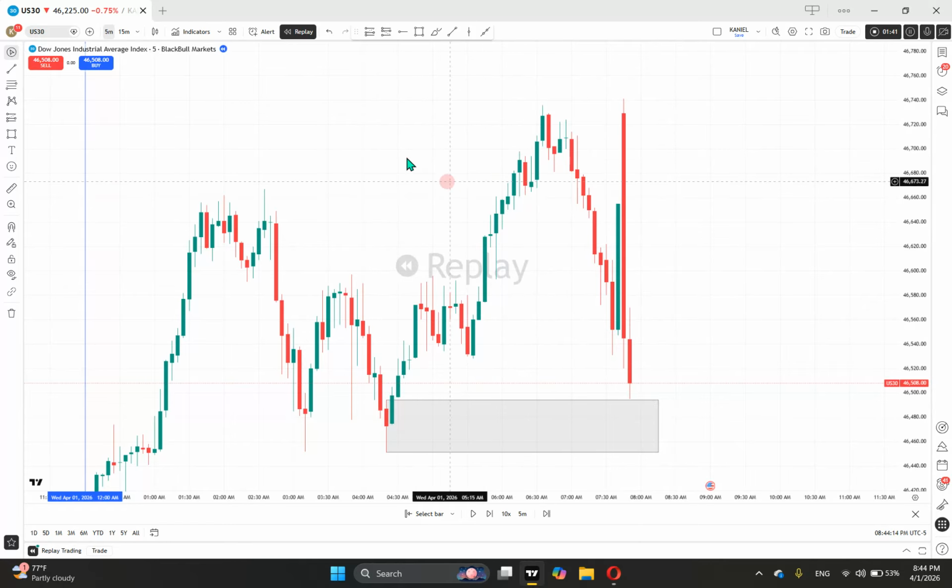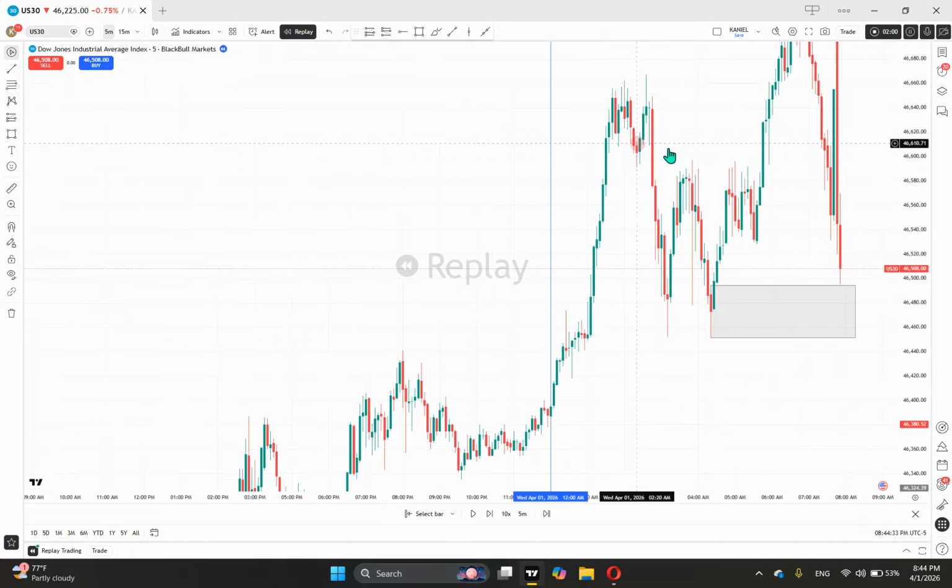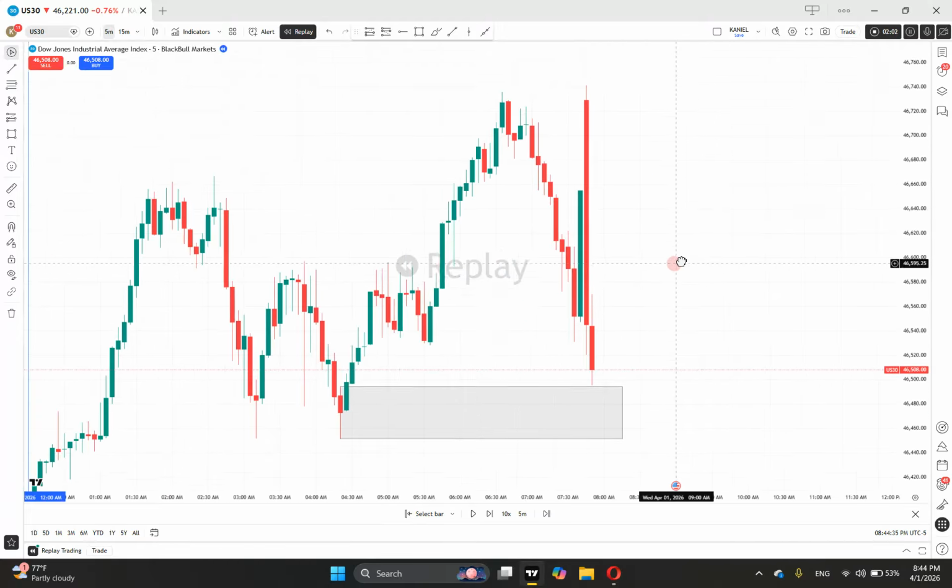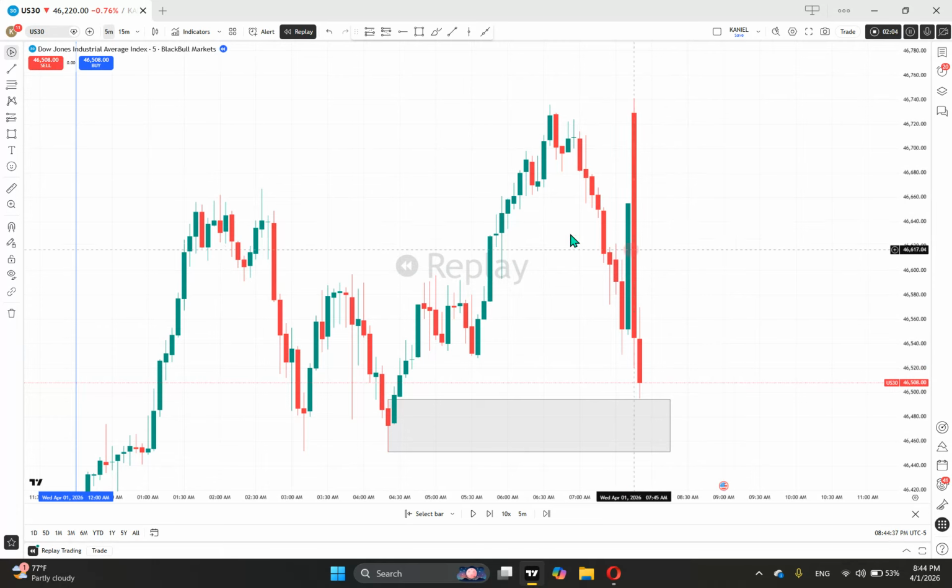Breaker structure is basically when price makes a new high that goes above a previous high, or when price makes a new low that goes below the previous structure. So as you can see, price was very much bullish, so I was willing to take buys.